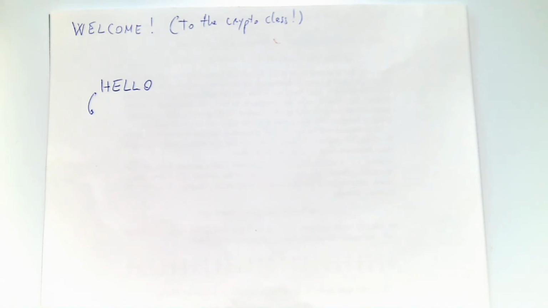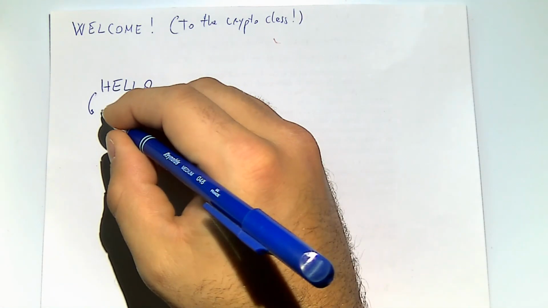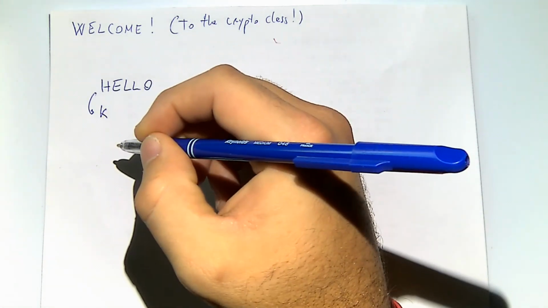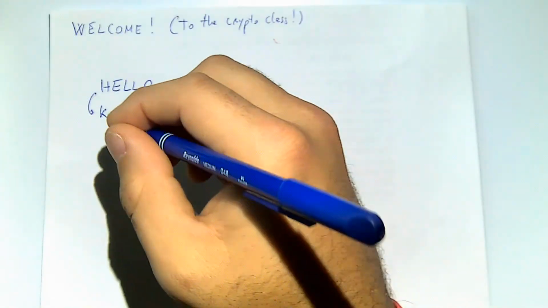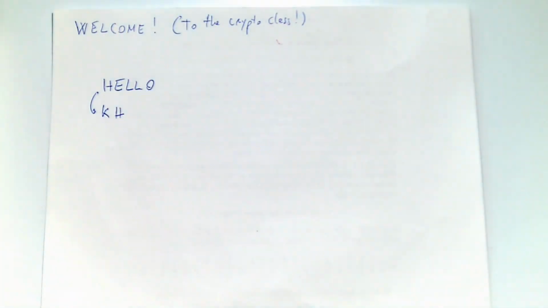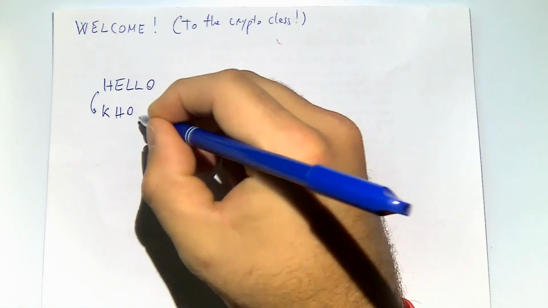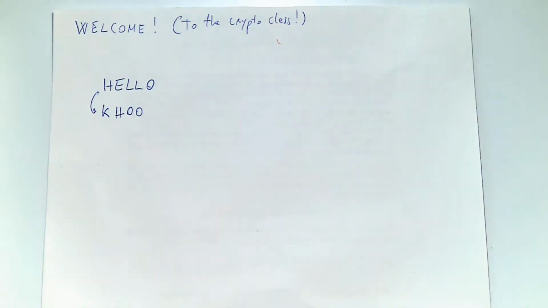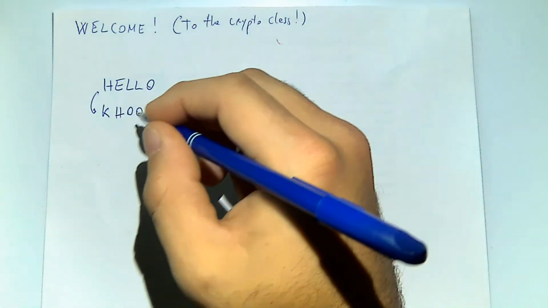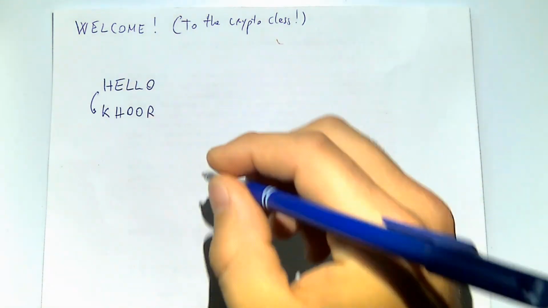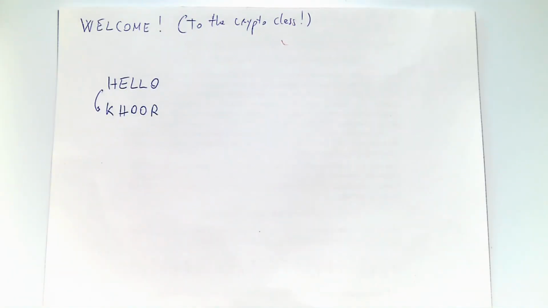So for example, if you use this number of positions as 3, then the H becomes K, the E becomes H, the L becomes O, and this is another L, so it also becomes O, and the O becomes R. So all I've done is move everything up by 3.